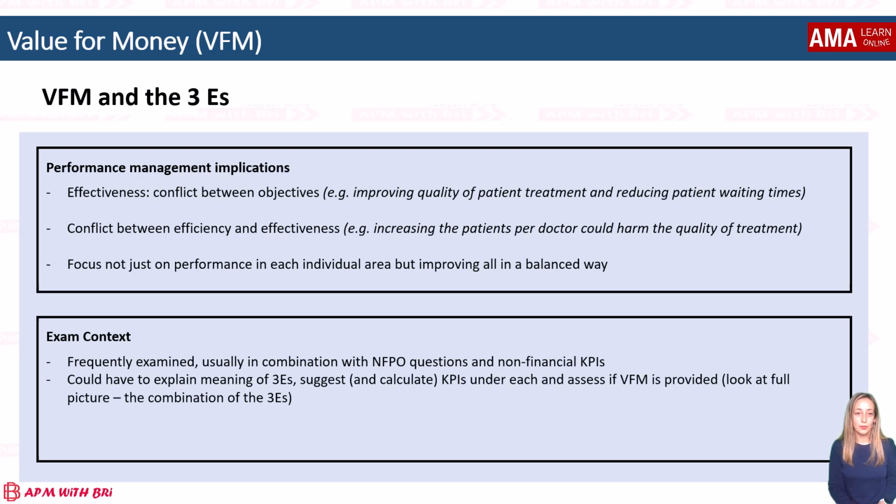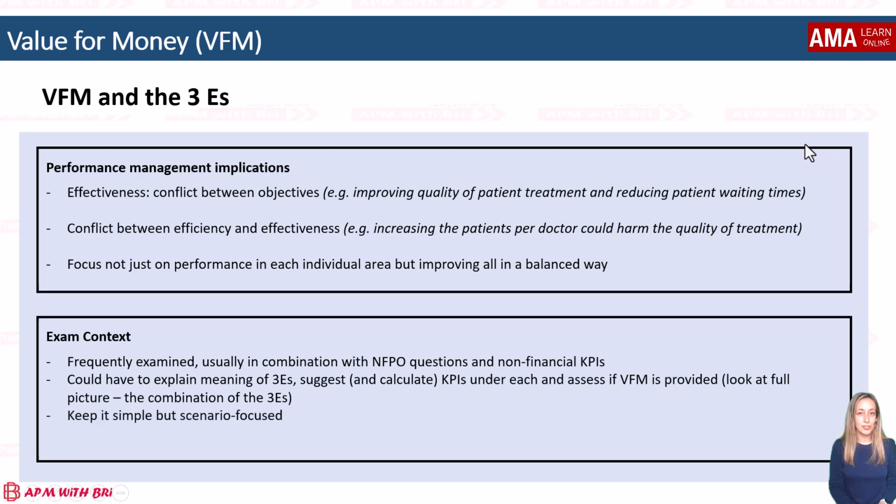So when you're doing this, of course, you have to consider whether based on each of the 3 E's, the KPIs you have suggested are good at each one of them, but also think about the relationship between the E's that we just discussed. And don't forget to look at all of them together to see if overall your analysis shows that the organization does or does not provide value for money.